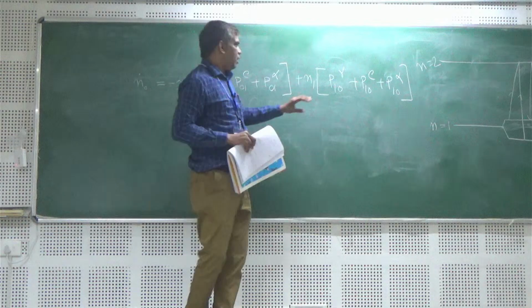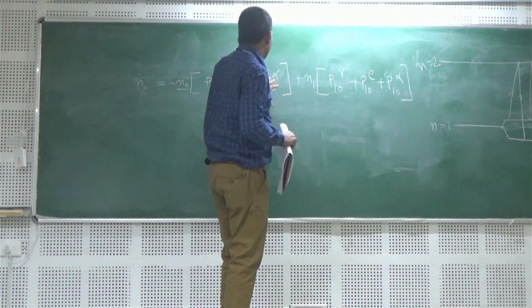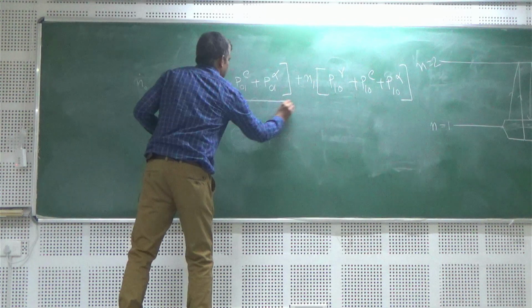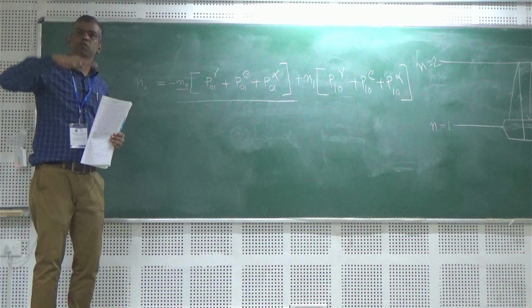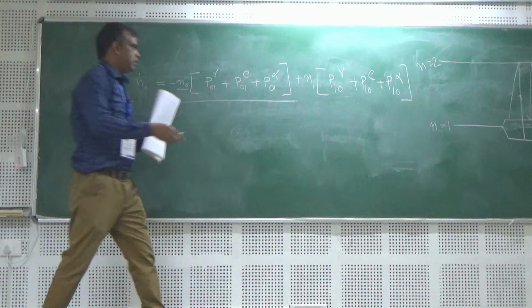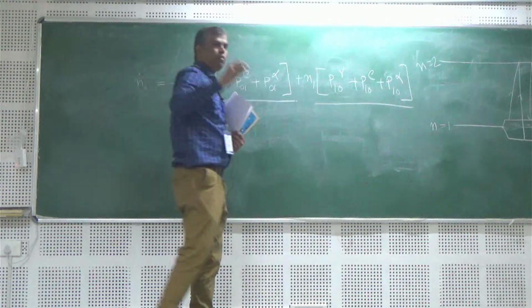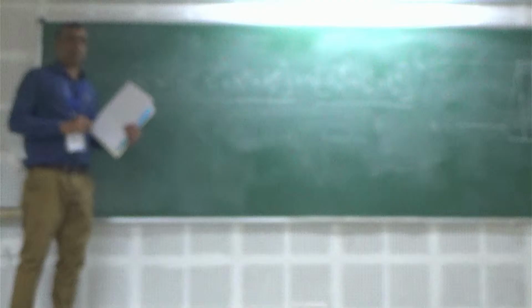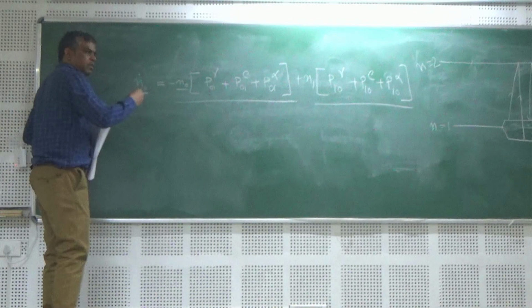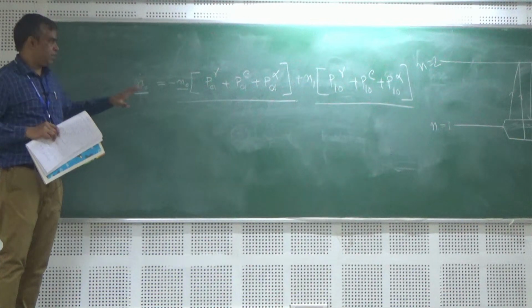Now this is the amount going to the triplet state, and this is the amount coming down from the triplet state, and that's how you can calculate the rate of change in the ground state, that is the singlet state.